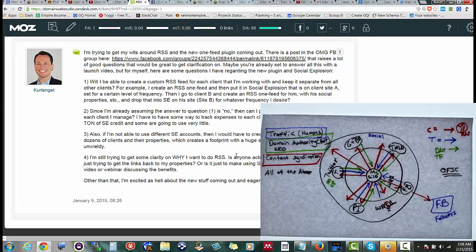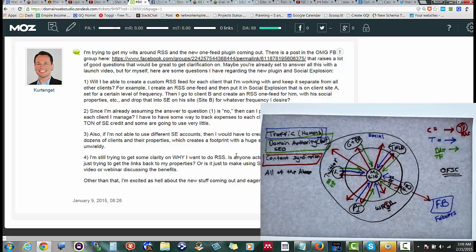Private blog networks and everything else are outside of this integrated circle, because private blog networks are not about traffic to your primary site, and they're not about syndicating content downstream from your site to those other locations.